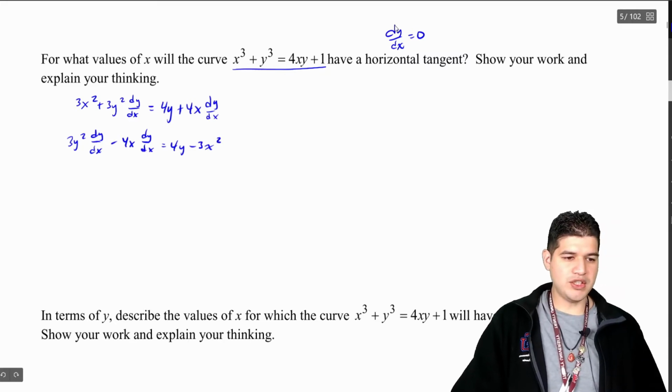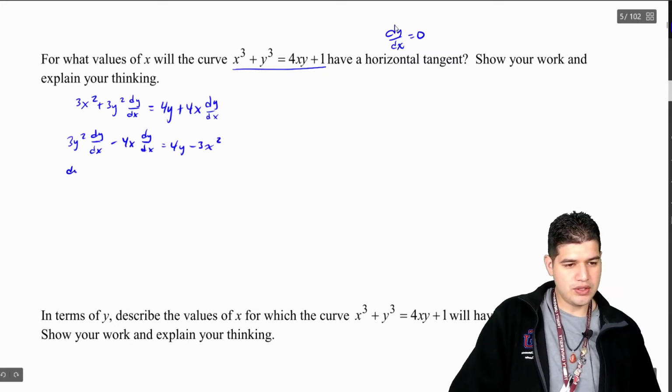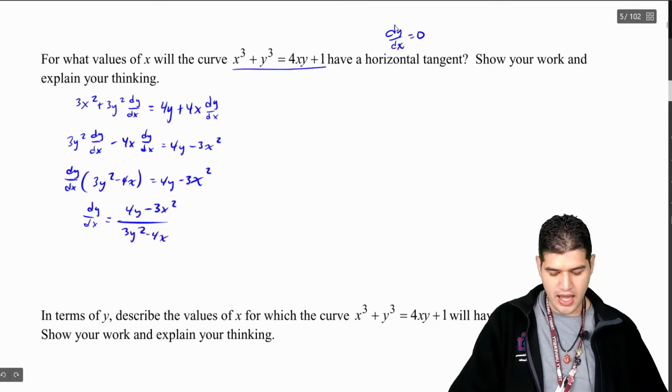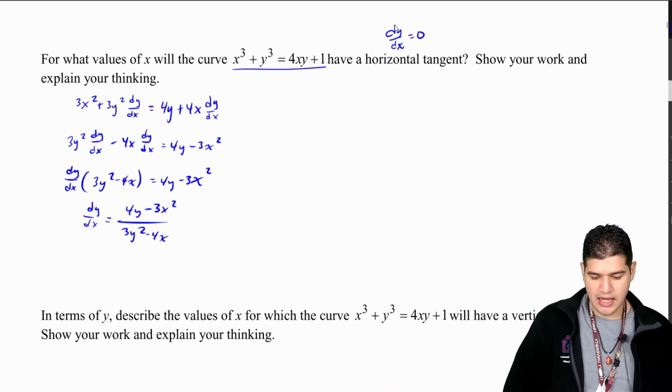Then I want to factor dy/dx out, so I have dy/dx times (3y squared minus 4x) equals 4y minus 3x squared. Solving for dy/dx gives us (4y minus 3x squared) over (3y squared minus 4x). Just dividing that out.